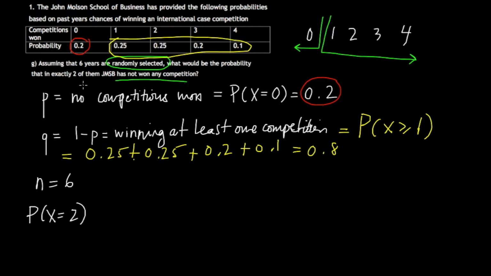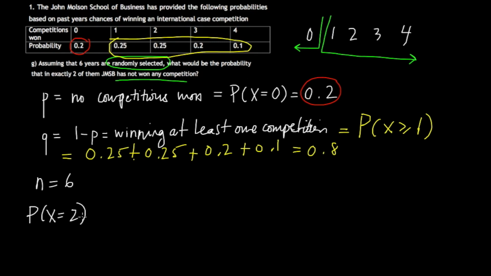So that's P, which is 0.2, and then Q, the complement, is winning at least one competition. Remember, this is binomial, so there's only 2 outcomes, and the 2 have to equal 1, so 0.2 plus 0.8 is 1. So now that I have these 2, in the third step, out of my randomly selected 6, my sample size is 6, what is the probability that exactly 2 years out of the 6, I will have won no competitions, okay?